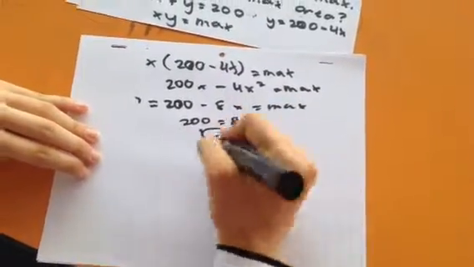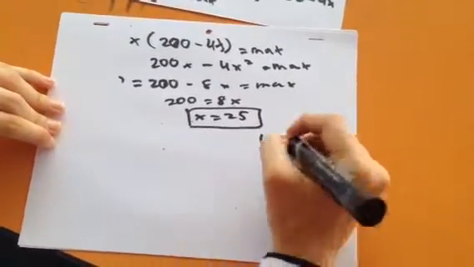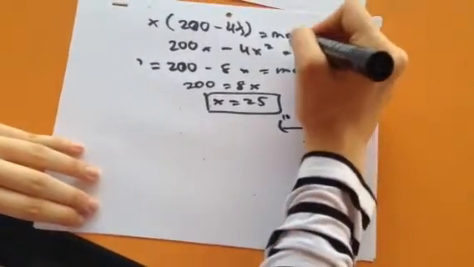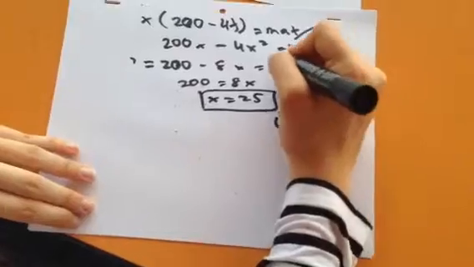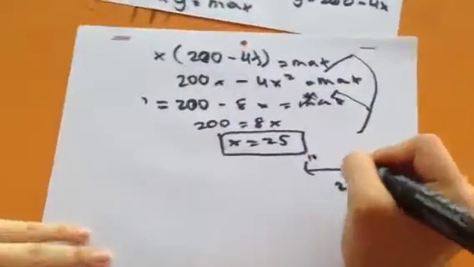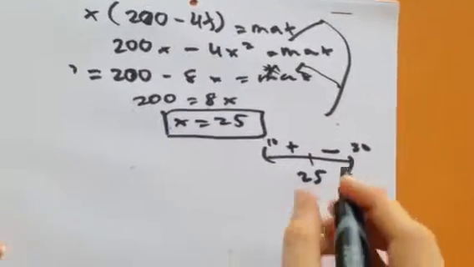Find the sign diagram for this. 25, and I used points 10 and 30. And I plugged them into this equation, this one. And I found that using 10 makes it positive and using 30 makes it negative.